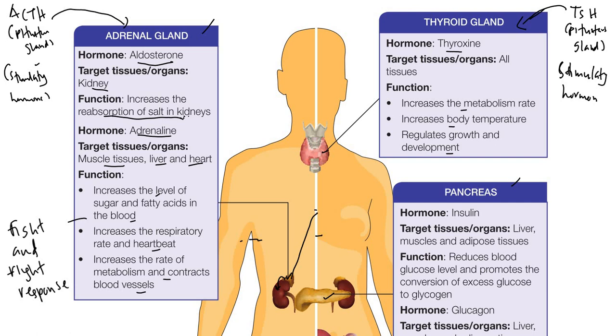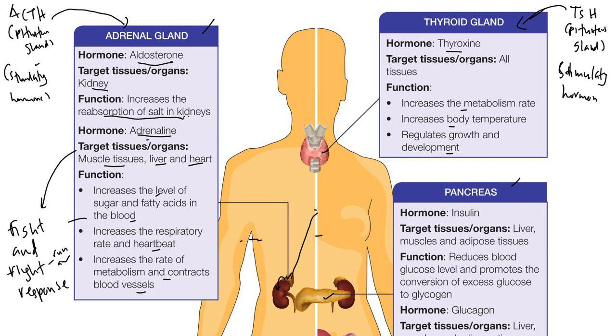Later we are going to learn this, but for example, if you see something that makes you scared, for example a tiger, what will you do? You will fight or you will flight. Flight means run away. If you fight, maybe you kick the tiger, for example. So adrenaline is involved in this fight or flight response.